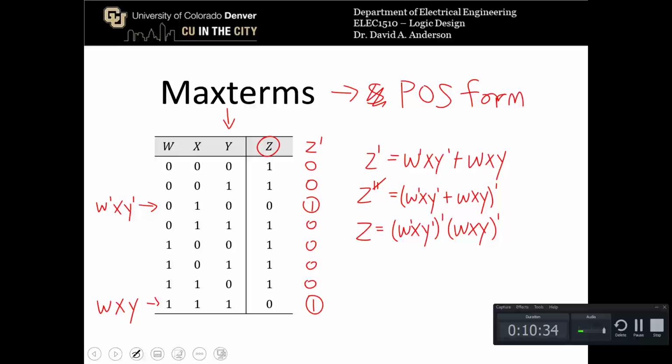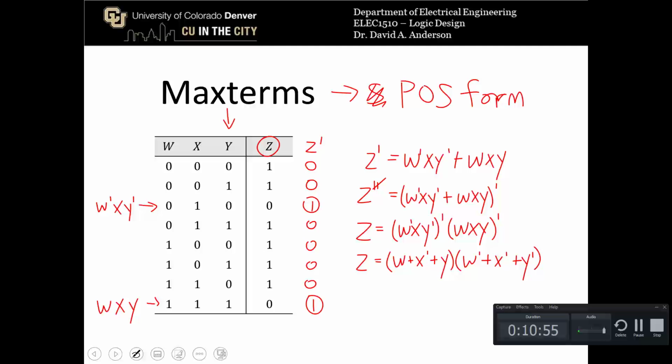Apply De Morgan's theorem again to both of those parentheses expressions, and I will get (w or x prime or y), and (w prime or x prime or y prime).